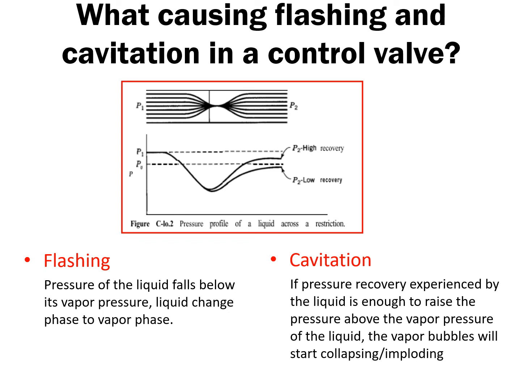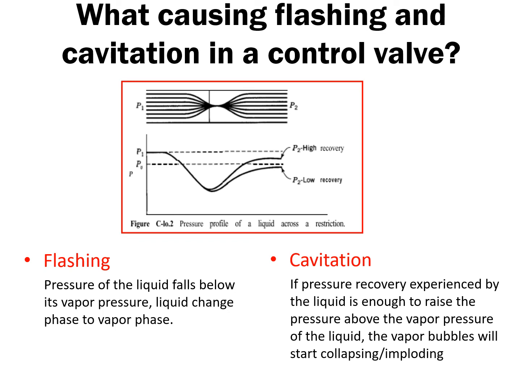So most of the liquid will change to the vapor phase. That means inside the flow, the liquid is not uniformly liquid. There is a vapor phase inside the liquid phase.